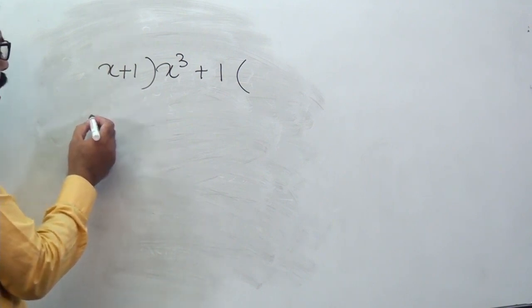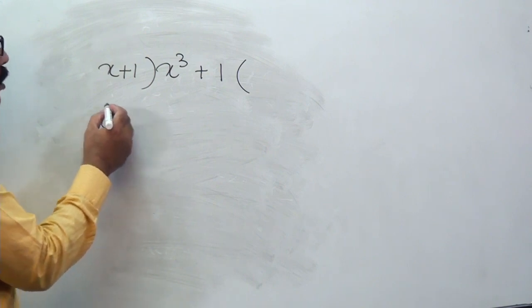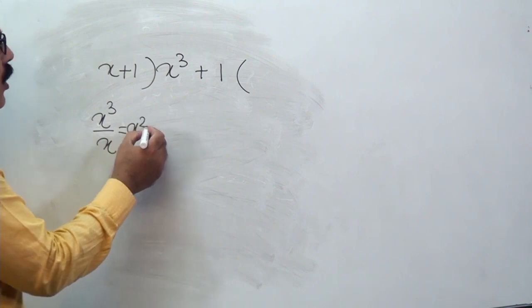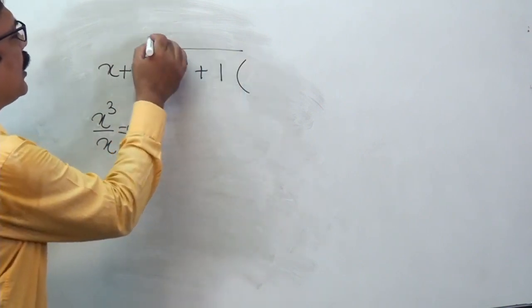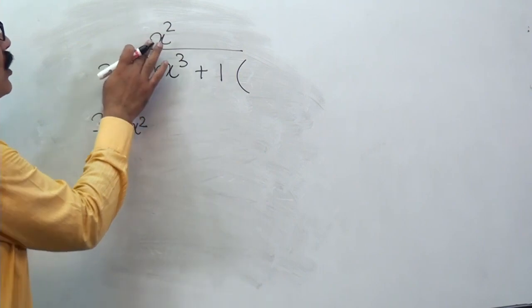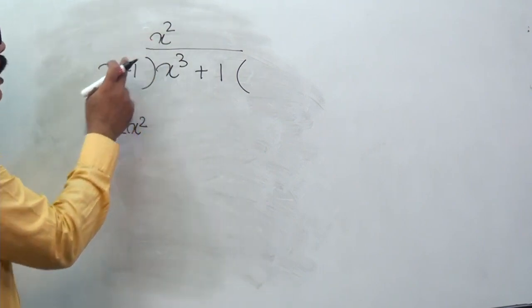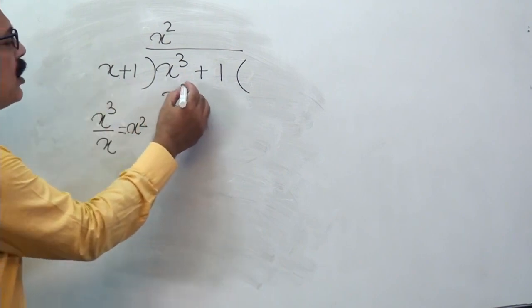So to get the first term of the quotient, we have to divide x cube by x, that gives x square. So we can write here the first term of the quotient. Multiply this x square with x gives x cube.